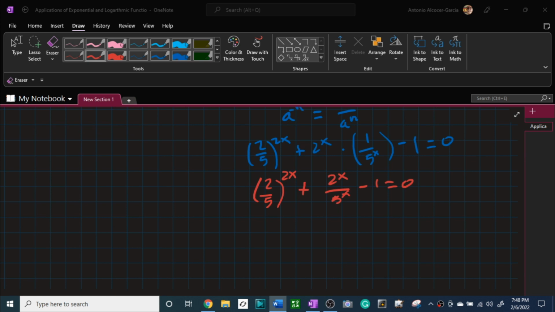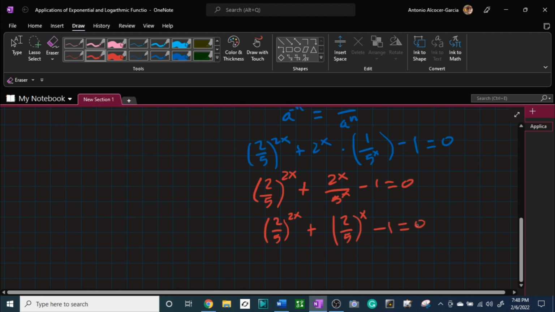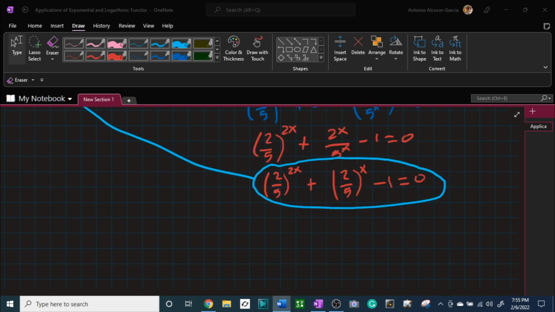When the numerator and denominator are raised to the same power, raise the whole fraction to that power. This here is the same thing I did up here.